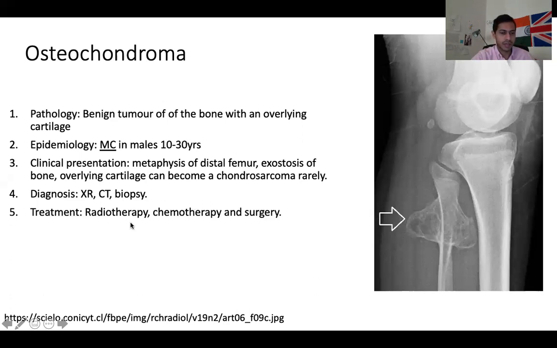We try to use radiotherapy and chemotherapy to reduce the tumor as much as possible. If need be, there may be a need for a resection of the affected part of the bone. But usually radiotherapy and chemotherapy is effective, and surgery is reserved for non-responsive tumors, which tend to need limb-sparing treatment.